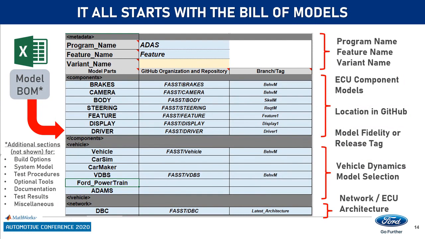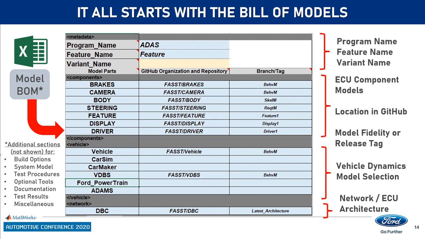Bill of Models is an Excel document unique for each FAST model. It is categorized into several sections. It has a metadata section with program, feature, and variant name. It has a component section with a list of all ECUs that you would need in your model build. All vehicle dynamics models are listed in the vehicle section, and the Vector DBC file, the network architecture files, are listed in the network section.